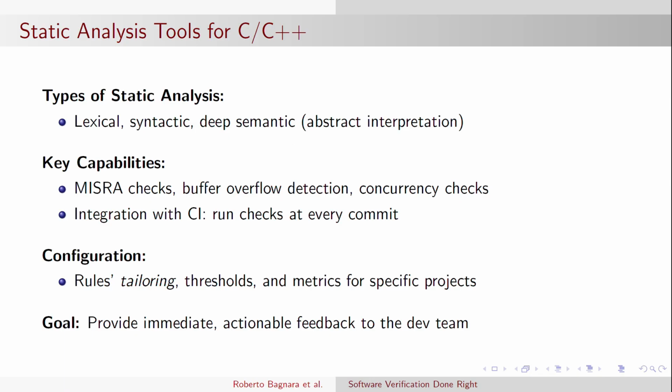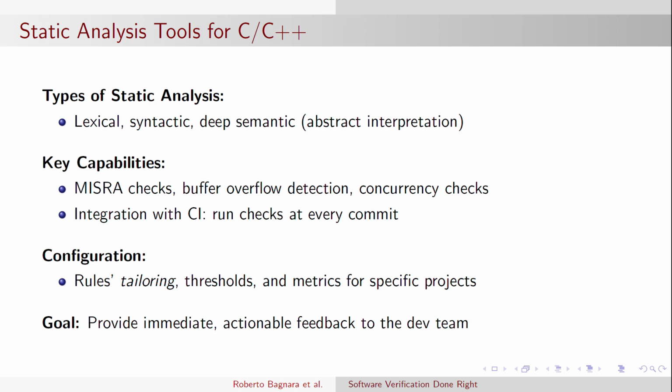And we will see the different kinds of static analysis that can be implemented, and of course their application, such as the checking of the MISRA coding standards, the detection of important software defects, for example, buffer overflows or concurrency faults. And among the important capabilities we will spend time with is the possibility of integrating them with continuous integration so as to run checks at every commit.